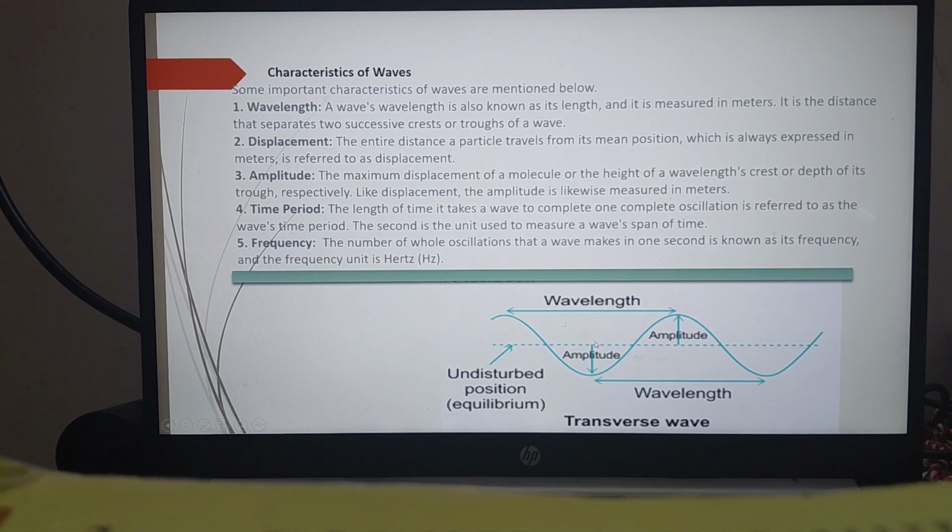This is the equilibrium stage. Equilibrium stage means there are equal crest and trough in position. That is a transverse wave. What is the time period? Already we know the time period and frequency too. So this is the simple diagram and characteristics of the wave.